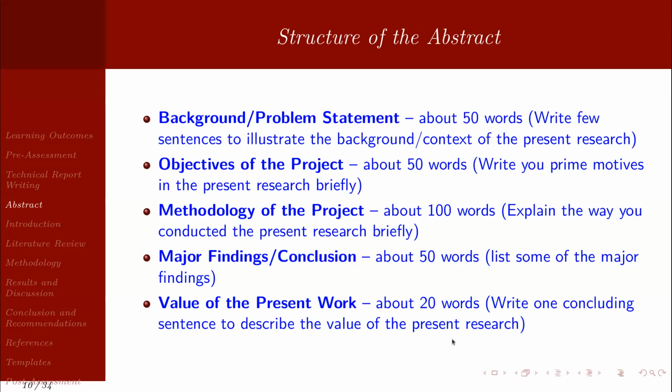Initially, you should have a background or problem statement. You write a few sentences to illustrate the background or context of the present research or your thesis work. Then it should be followed by the objective, not detailed objectives. Detailed objectives will go in your introduction.